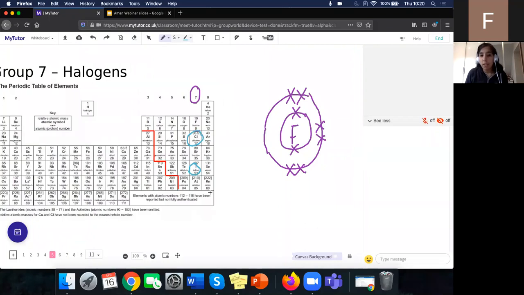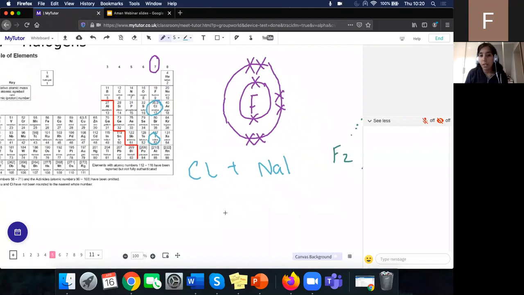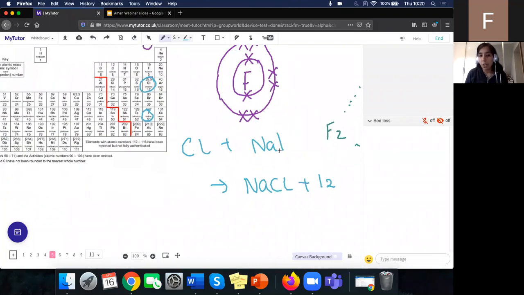So that means that if we react chlorine with sodium iodide, what happens is that the chlorine will displace the iodine to form NaCl plus iodine left on its own. So I've not balanced that equation yet, but that's just to show you what happens. So when we react chlorine with sodium iodide, the iodine gets displaced.